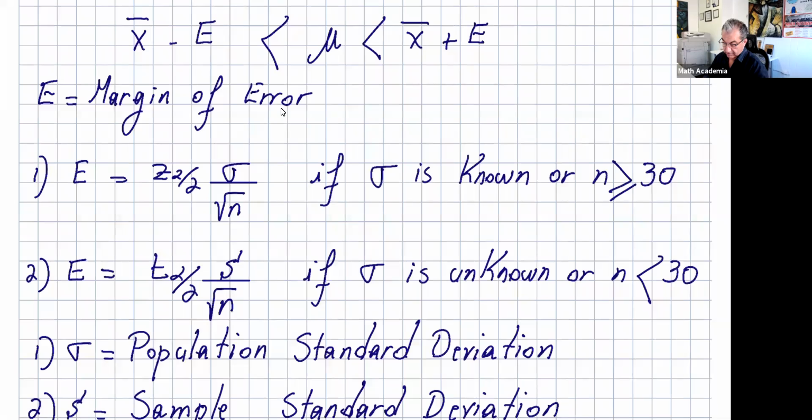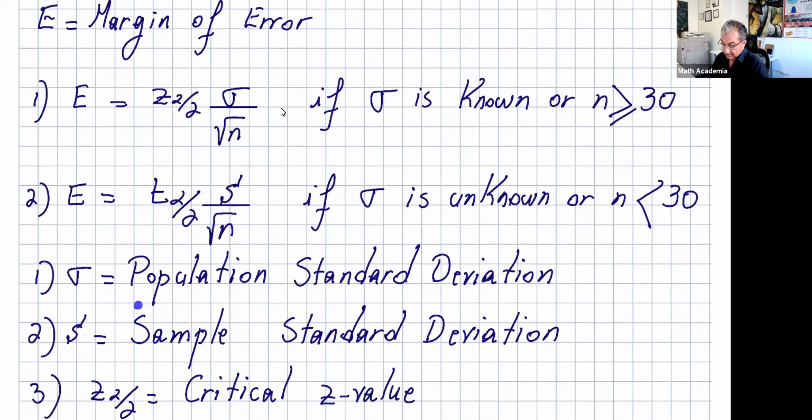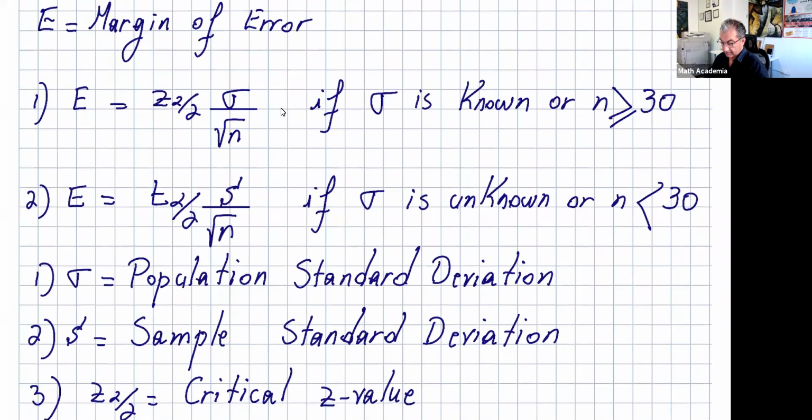The second one is t sub alpha over 2 times s over square root of n, if sigma is unknown or n is less than 30. Now let me explain something. First of all, in this case, sigma is the population standard deviation and s is the sample standard deviation.